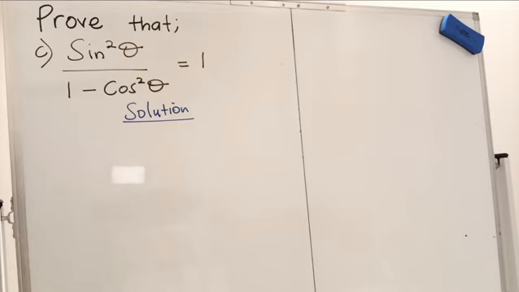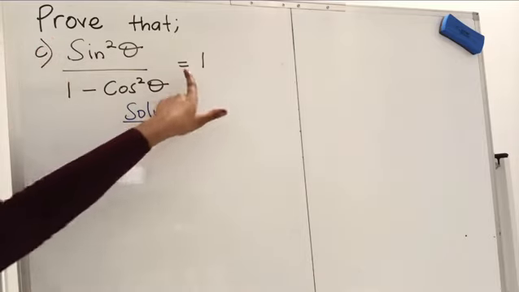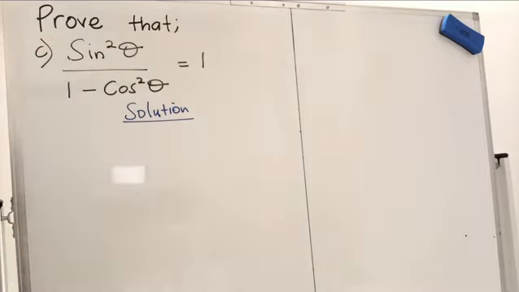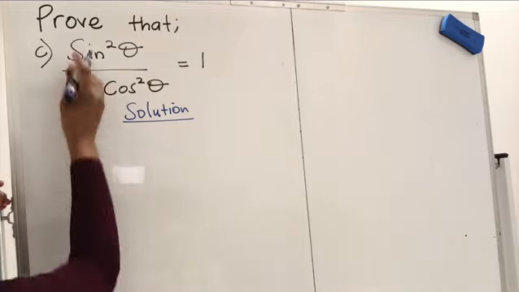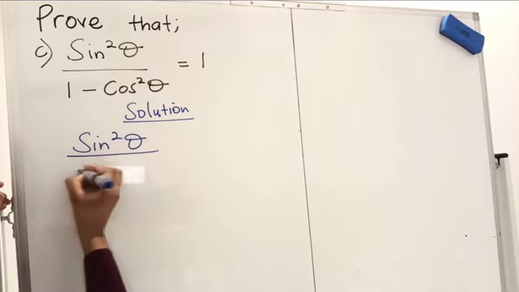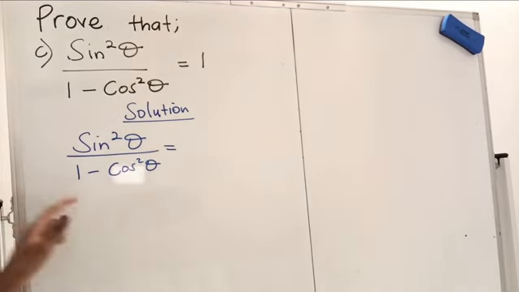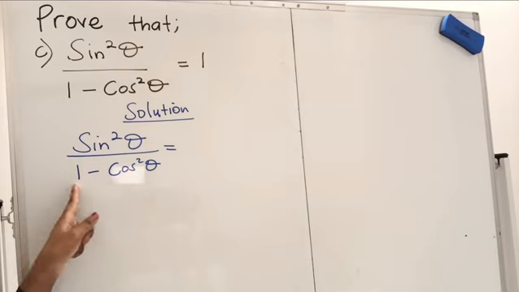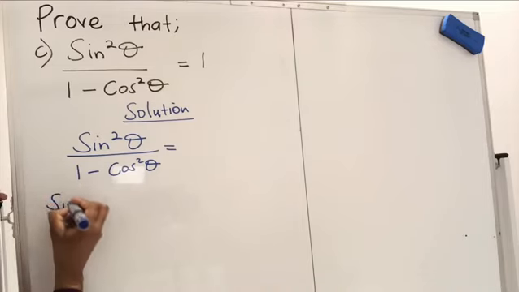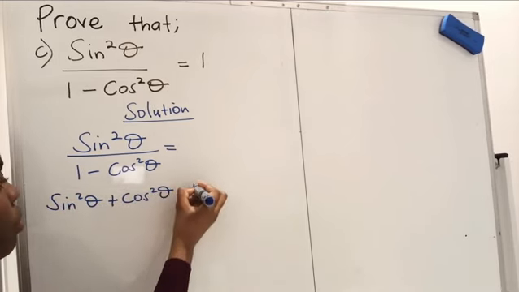Next, we are required to prove that sine squared theta out of 1 minus cos squared theta is equal to 1. So what we do, we are going to write this sine squared theta divided by 1 minus cos squared theta. Now when you look at this denominator, 1 minus cos squared theta comes from the first Pythagorean identity, which states that sine squared theta plus cos squared theta is equal to 1.